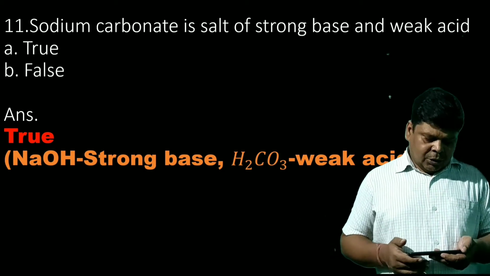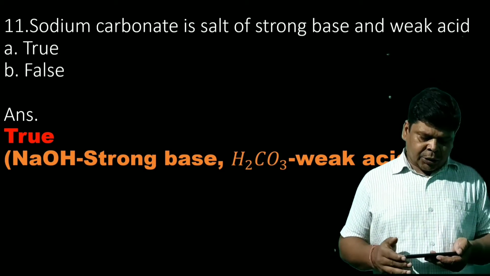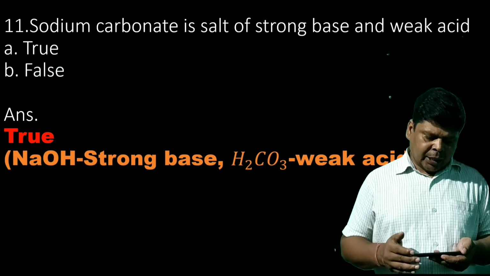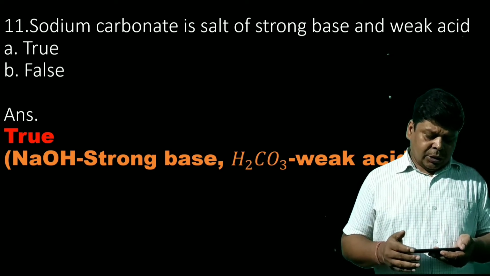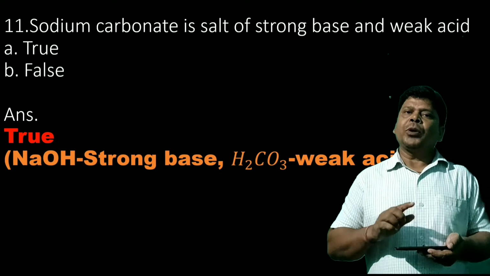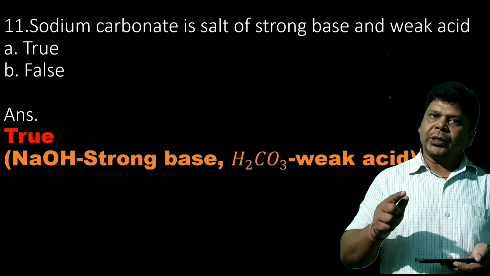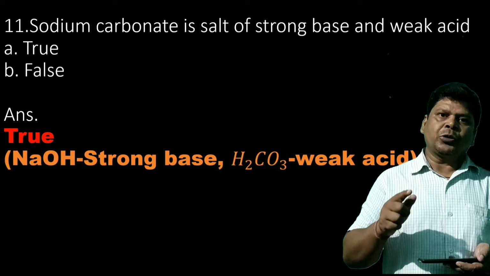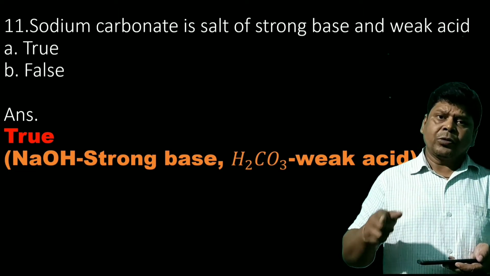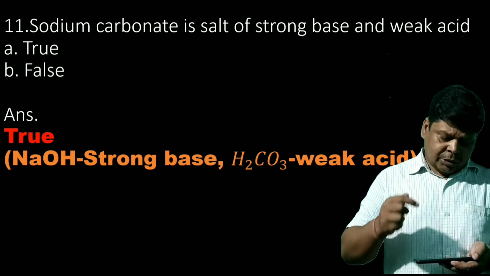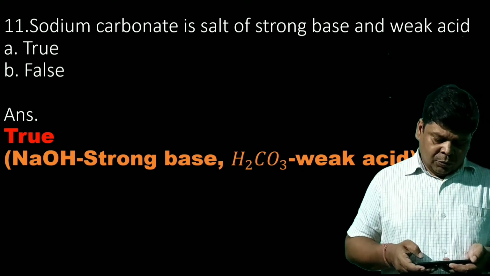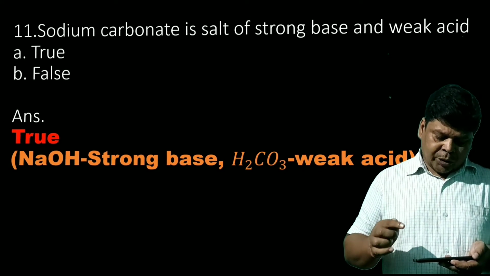Now next is, sodium carbonate is a salt of strong base and weak acid. Is this statement true or false? Sodium carbonate is a salt of sodium hydroxide, which is a strong base, and carbonic acid H2CO3, which is a weak acid. So this is a basic salt, and this statement is true.